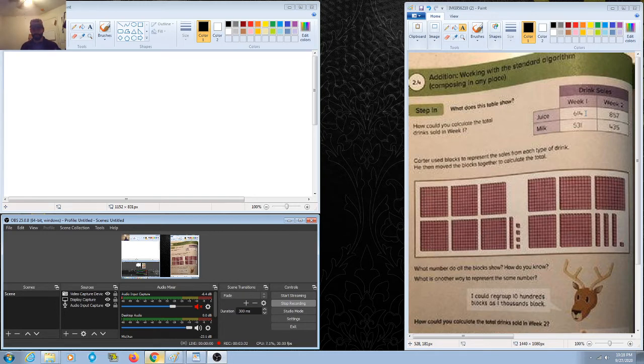Then we look at the 6. If we look carefully, we don't have to count all of these blocks to see how many there are. It's a 10 by 10 block grid, and each of these 10 by 10 block grids represents 100. What's fantastic is that each place value is represented by a different model picture. The hundreds place is represented by the 10 by 10 grids, the tens place is represented by a string of 10, and the ones place is just represented by individual 1 cubes.